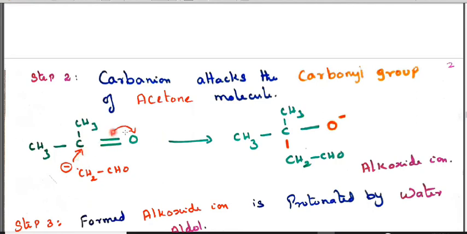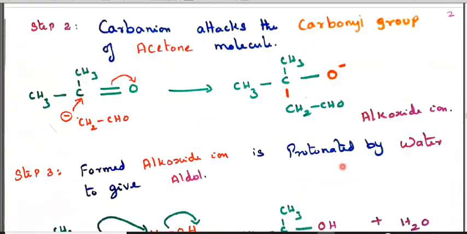So when the electron is shifted to oxygen, it acquires plus and this carbon acquires minus. So easily the nucleophile, the minus, attacks the plus. So a new bond is created between C and C. So CH3, CH3, single bond, CH2, CHO, with O minus, is called an alkoxide ion.